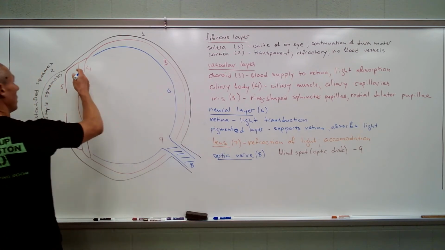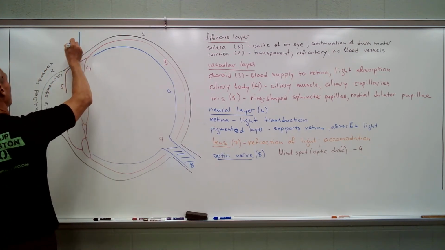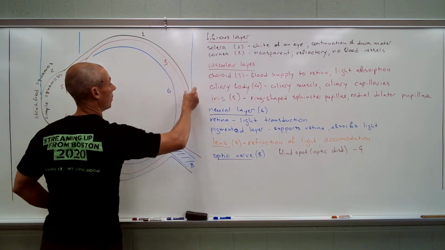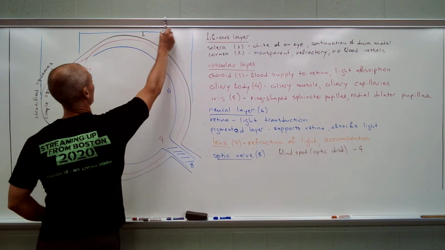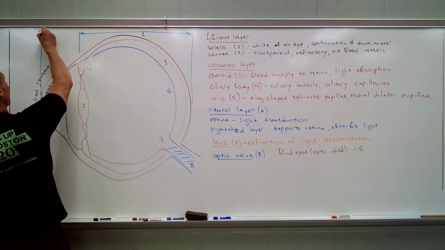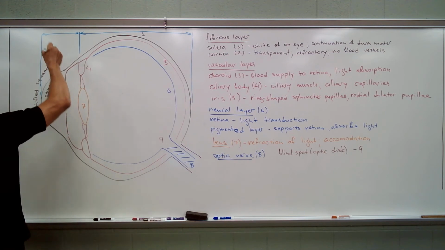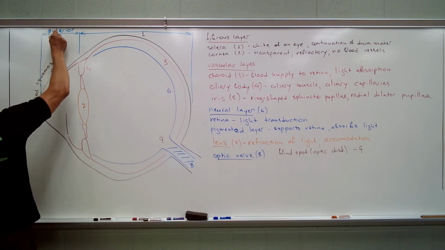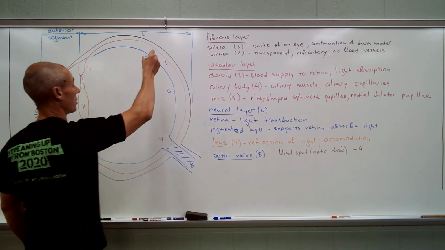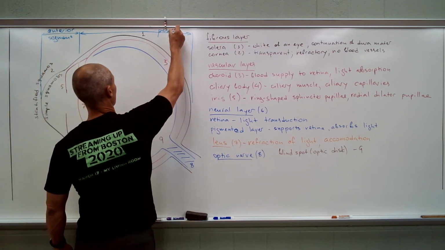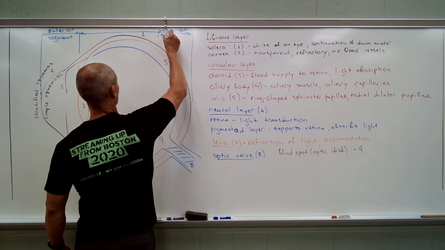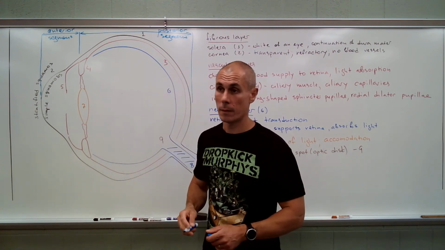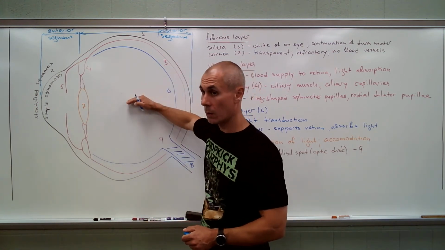So the lens, here, divides the eye into the anterior segment and posterior segment. Does that make sense?